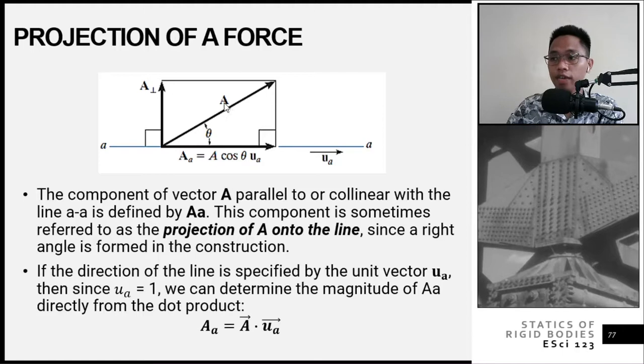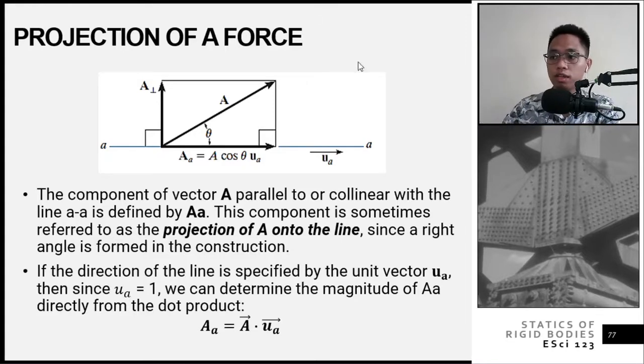The magnitude of A parallel to line AA is a scalar, so A cosine theta. What is the purpose of the unit vector? If we recall the topic of force directed along a line, the formula is the magnitude multiplied by the unit vector.